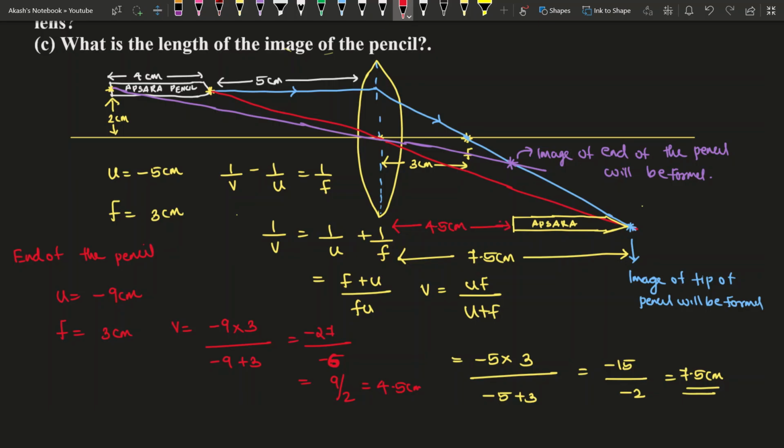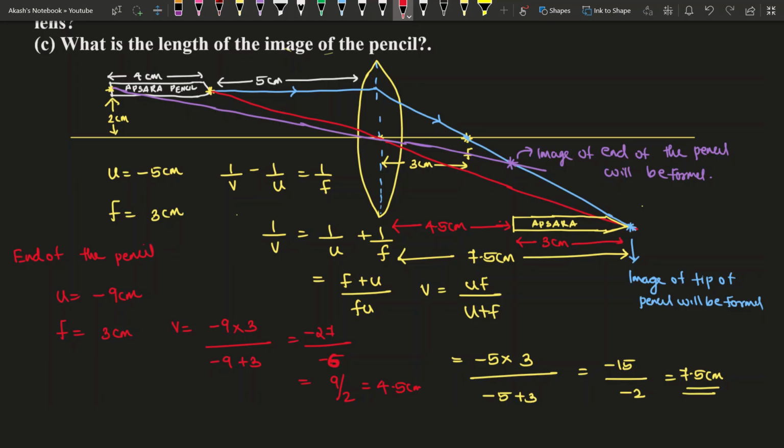So the image of the pointed end of the pencil is 7.5 centimeter away from the lens. The image of the end of the pencil is 4.5 centimeter away from the lens. In that particular case, the length of the image of the pencil is going to be 3 centimeter.